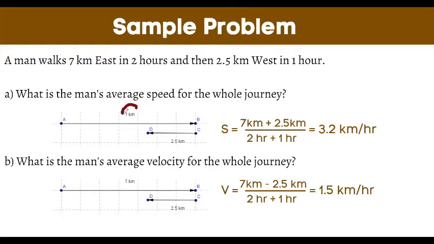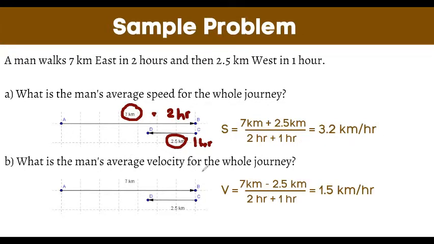We just add the magnitudes, 7 kilometers plus 2.5 kilometers, and then divide by the total time. For the man to walk 7 kilometers, he took 2 hours, and for the 2.5 kilometers, it took an hour. So 2 hours plus 1 hour is 3. You divide your distance by 3, which gives us 3.2 kilometers per hour.